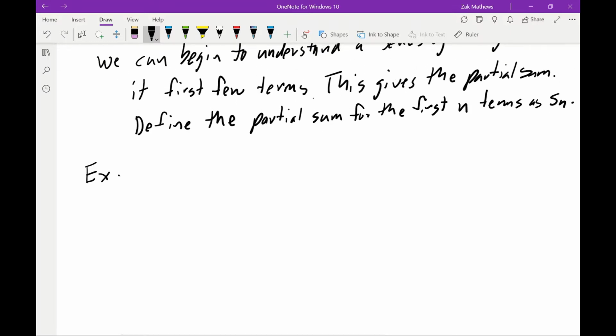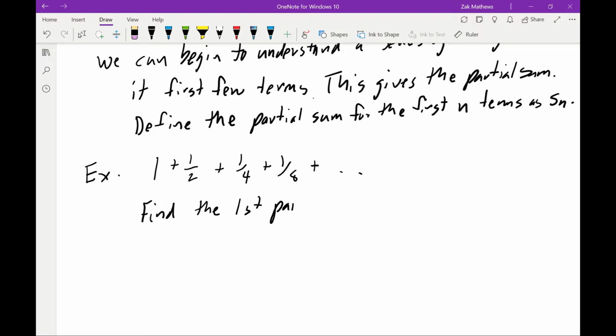I want to take the series 1 plus 1/2 plus 1/4 plus 1/8, and I want to look at its partial sums. Let's find the partial sums.